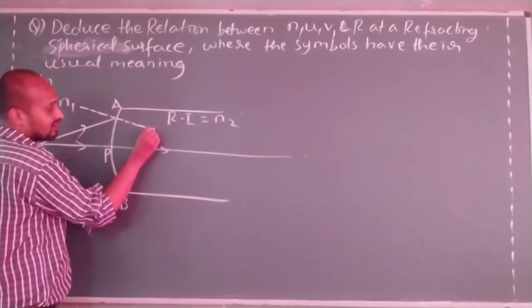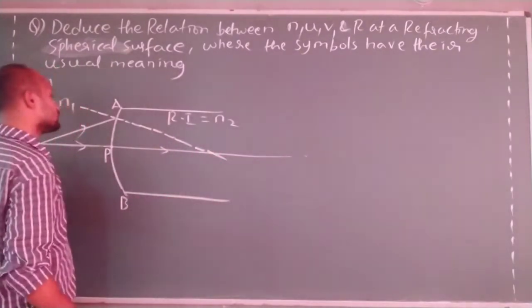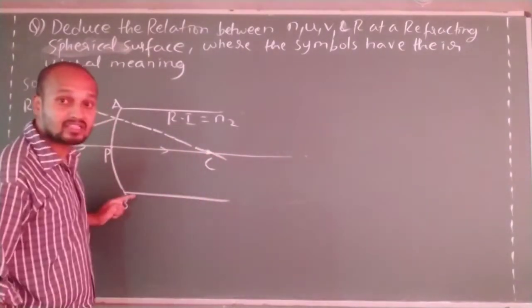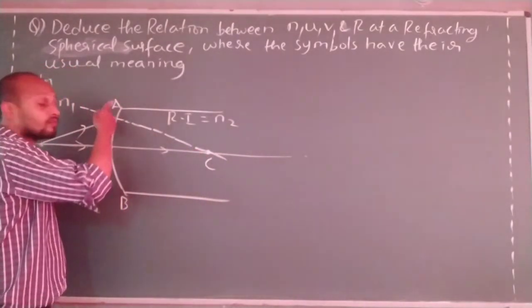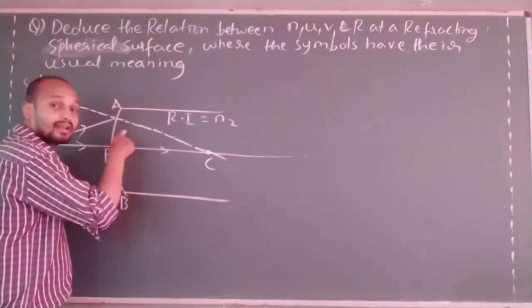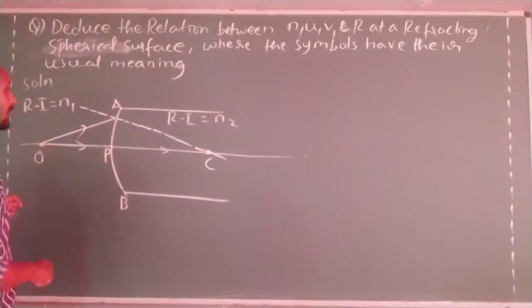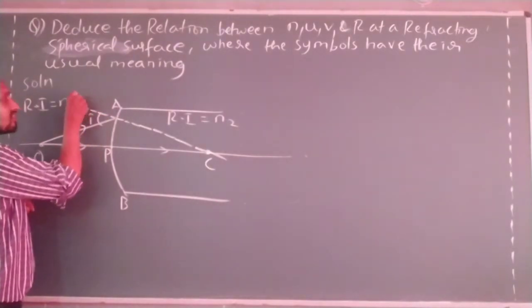Okay? And somewhere it is going to join here. This point is the center of curvature, because the normal line is joining of this spherical surface. So this has to be the center of curvature. This angle will be the angle of incidence. This is the normal line.